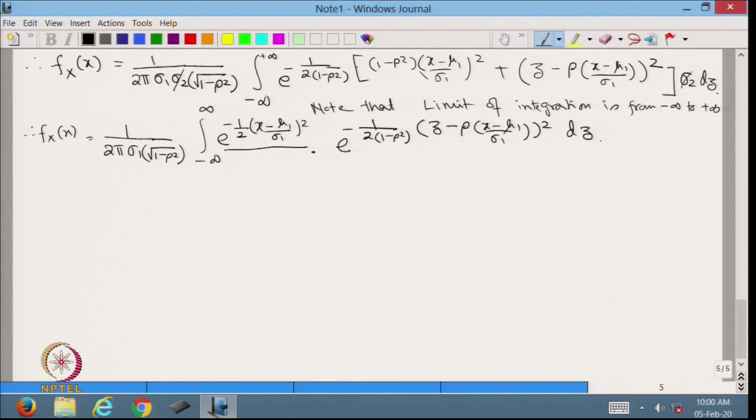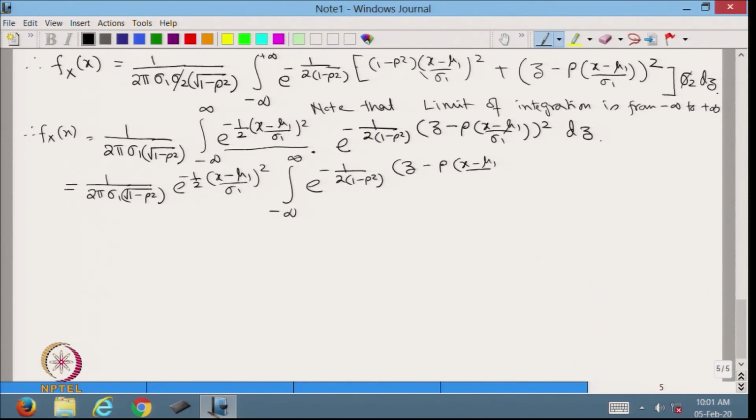Now, this part has nothing to do with z, therefore, we can write it as 1 upon 2 pi sigma 1 into root over 1 minus rho square e to the power minus half into ((x minus mu 1) upon sigma 1) whole square, integration of minus infinity to plus infinity e to the power minus 1 upon 2 into 1 minus rho square (z minus rho into ((x minus mu 1) upon sigma 1)) whole square dz.